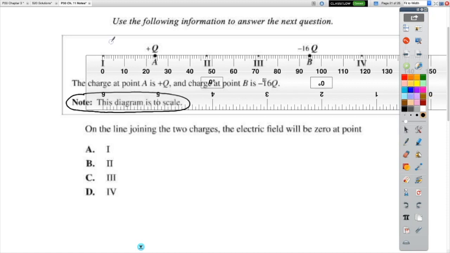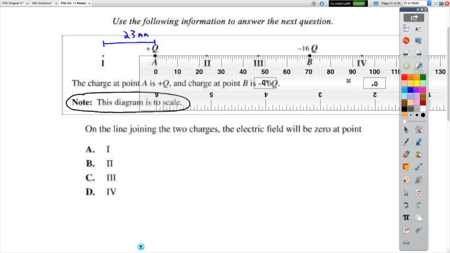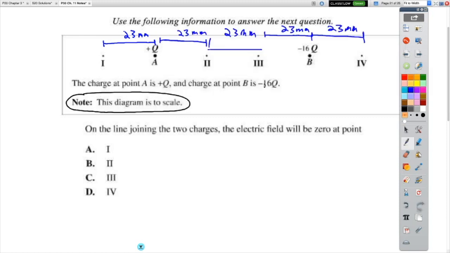Yeah, so 23 millimeters, roughly. Let's look at the next part. From there, it's about 23 millimeters from A to 2. That's about 23 millimeters. So now we've confirmed with our ruler that all points are equidistant.